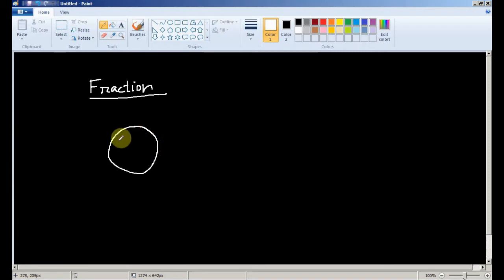So you receive a whole pizza, and you have to divide it among your friends. Let's say there are 4 friends. You decide to divide that whole into 4 pieces, so each one of them gets 1 piece.